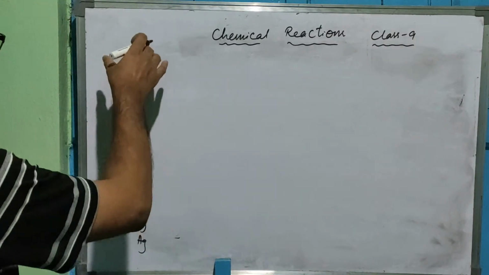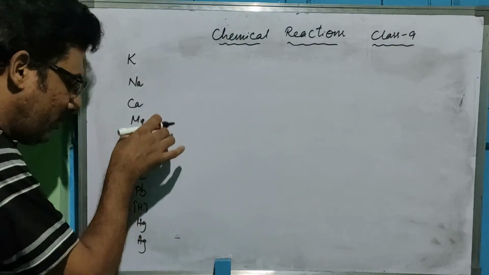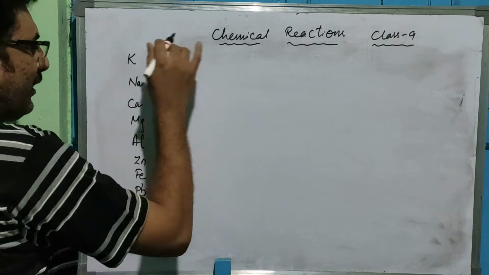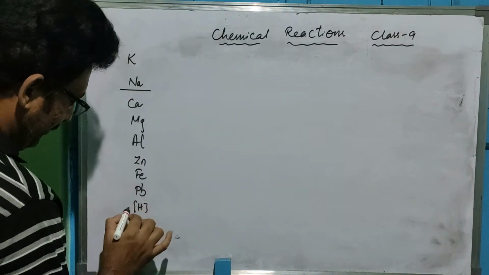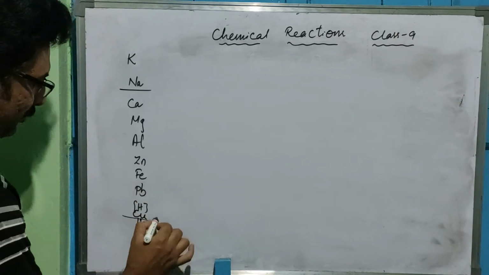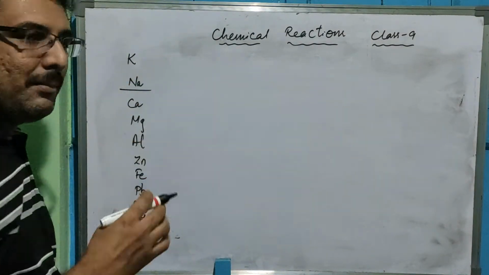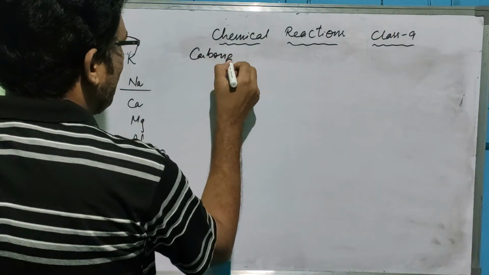These metals are arranged in decreasing order of their reactivity, and we can classify them into three groups.